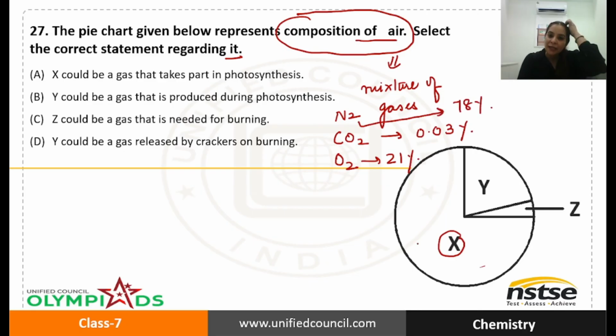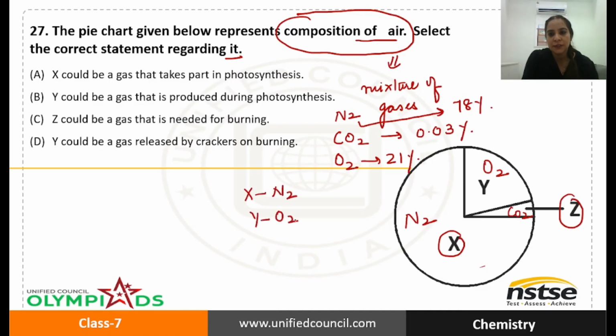So that means the area which is more represents the nitrogen gas. The second area would be oxygen, because oxygen comes second, and the third, which is the small one, is carbon dioxide. So that means X is nitrogen, Y is oxygen and Z is carbon dioxide.